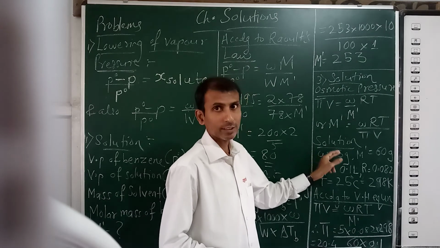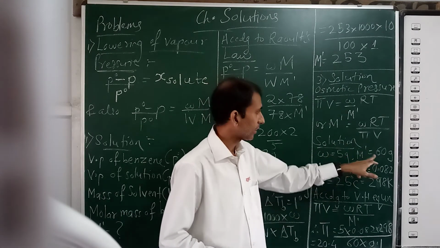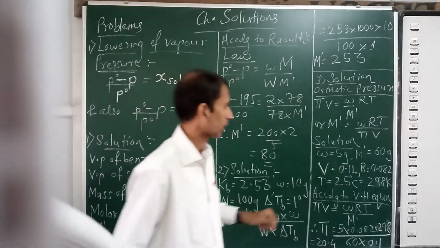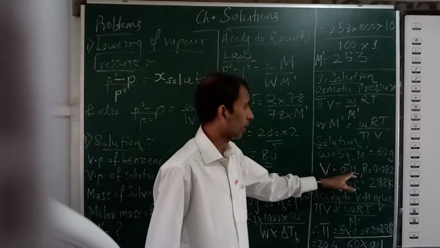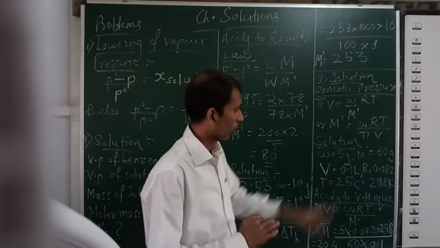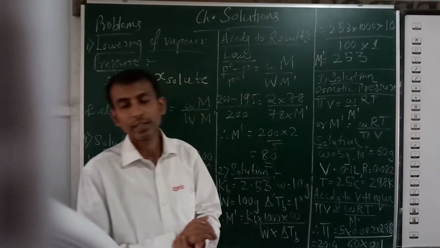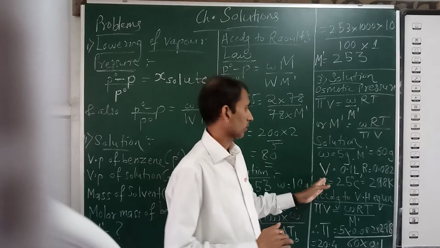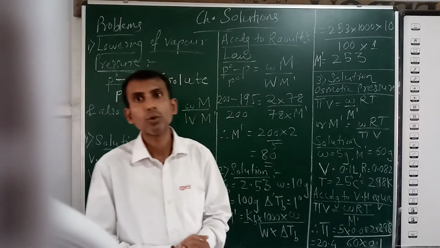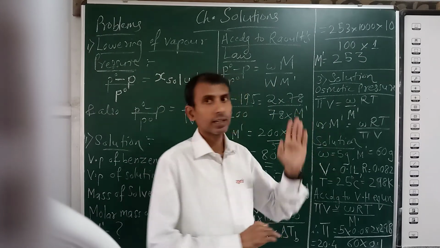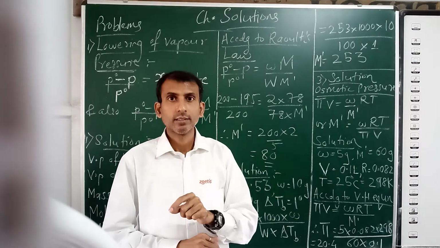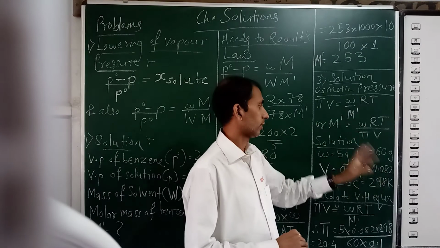Small w, mass of solute, 5 grams. M dash, molar mass of solute, 60 grams, which is also given in the question. Then volume 0.1 liters. R value is 0.082 because volume we have taken in liters. Temperature is given as 25 degrees centigrade, but that also we have to convert into Kelvin, that is 25 plus 273, so you will get 298 Kelvin.